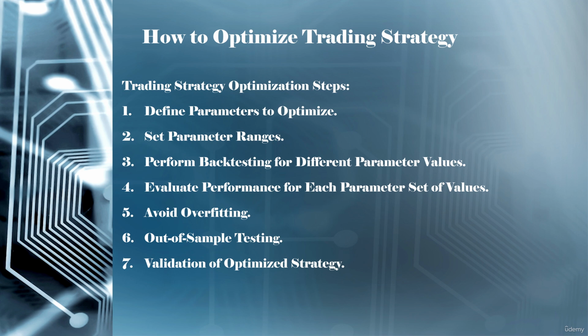That way you will check if the strategy still performs well on the out of sample data. And then the next step is validation. Validate the optimized strategy with additional testing and validation steps to ensure its robustness and reliability.